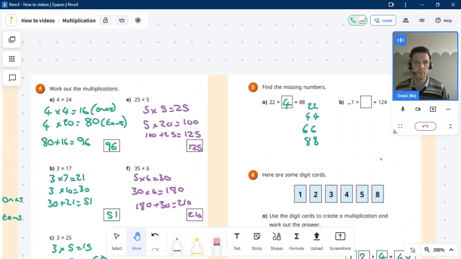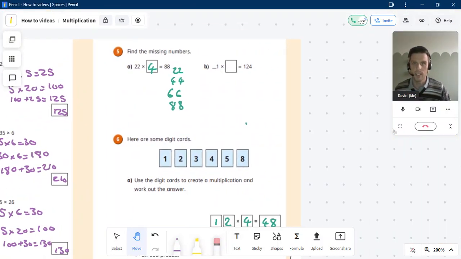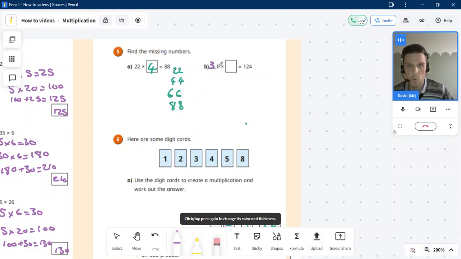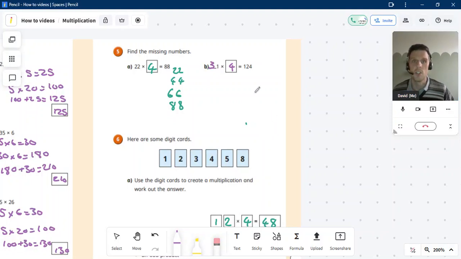Right, moving on to question 5. Okay, I've already gone through part A. Quick. And the answer for this one was 31 times 4. Okay, so you could have a trial and error, or you could have seen what number 124 divides by to get your 31.